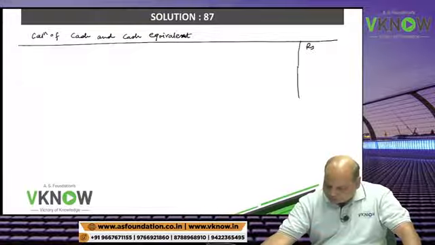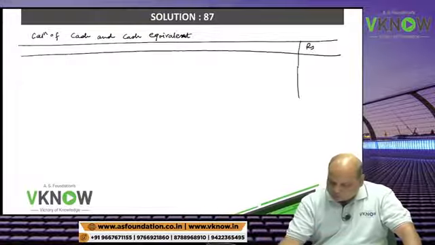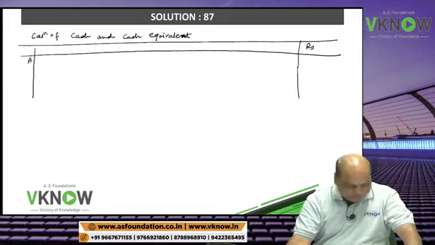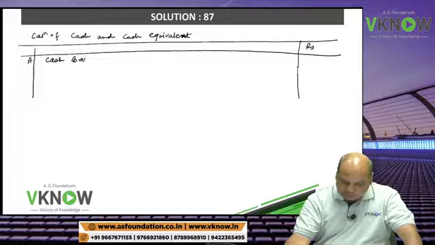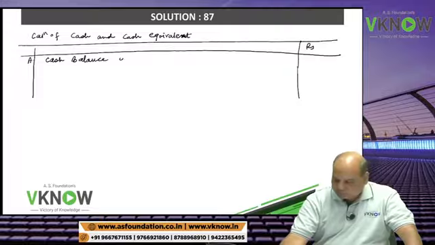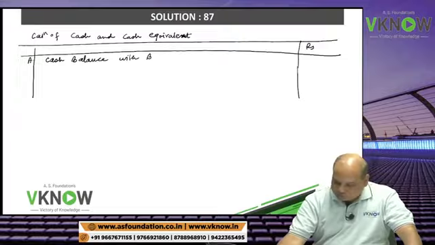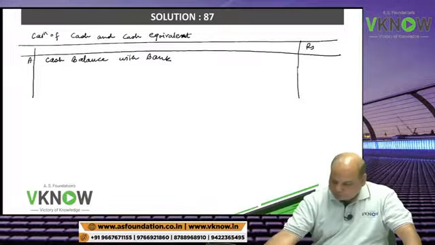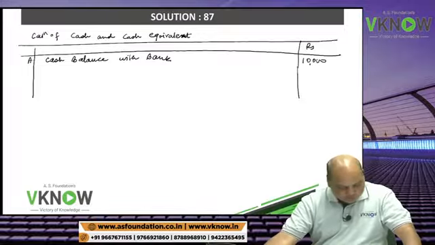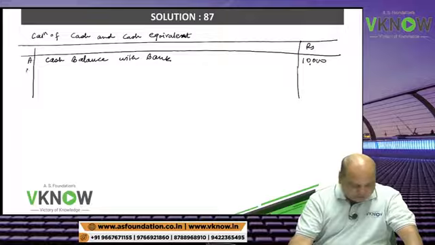Only 3 items will come. So write down there, point number A. First write down cash balance with bank. Write down 10,000. Then write down B.